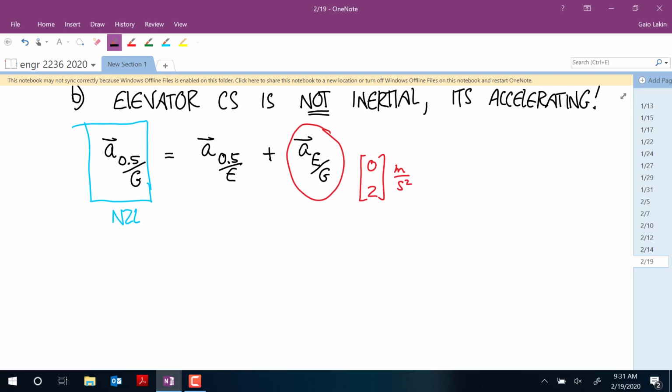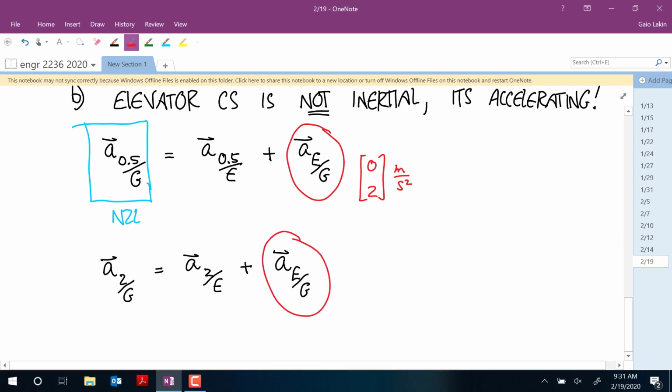And then the same thing with the 2 kilogram. The acceleration of the 2 relative to the ground is equal to the acceleration of the 2 relative to the elevator plus the acceleration of the elevator relative to the ground. And again, this is 0, 2.